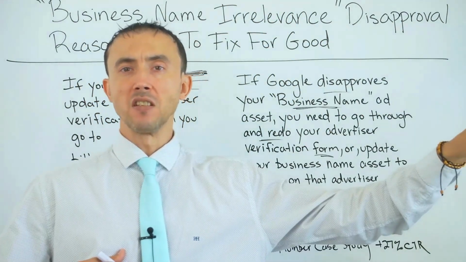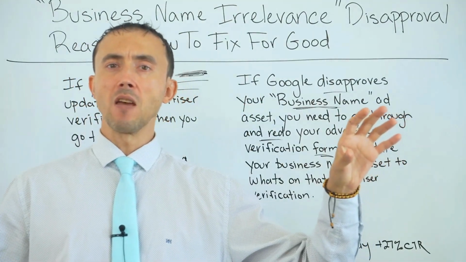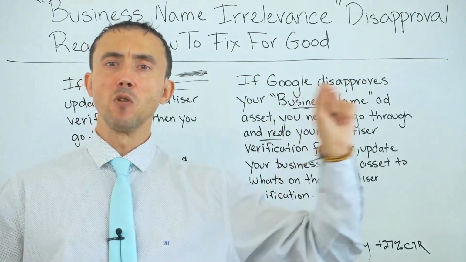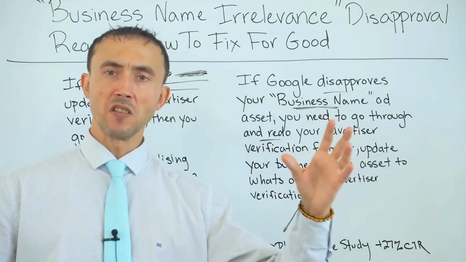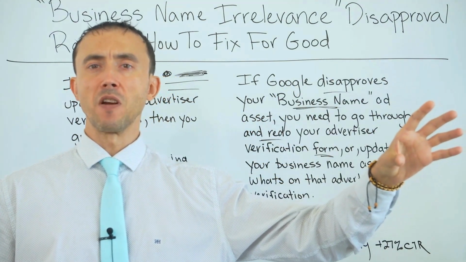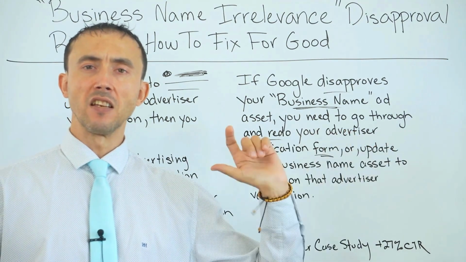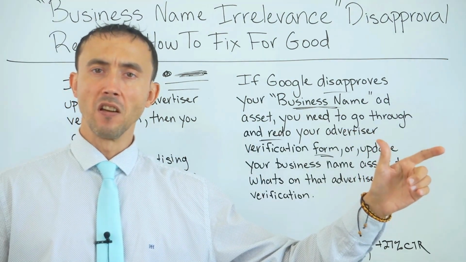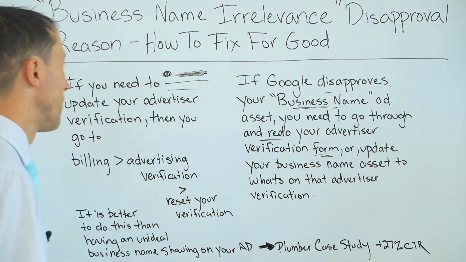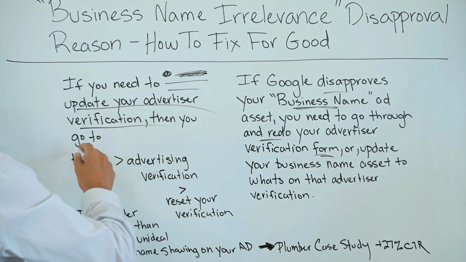That's your corporate business name, your technical business name, whereas your actual business trade name that people refer to you by, that you refer to yourself by, is ABC Roofing. So if your business name is ABC Incorporated, that's what you're going to have on your advertiser verification part of your ad account. When your business name ad asset is ABC Roofing, you're going to get disapproved for business name irrelevance. All right? So you need to update your advertiser verification if this is you.